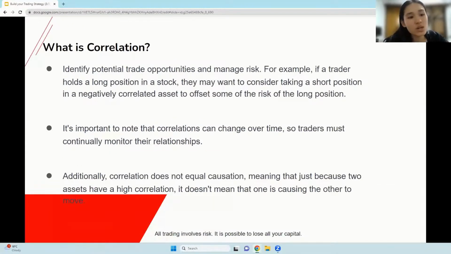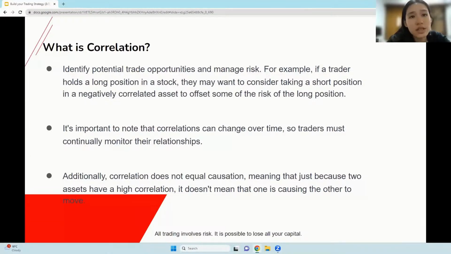So what exactly is it in the context of Forex and trading? Traders will use correlation analysis to identify potential trade opportunities and manage risk. If a trader holds a long position in a Forex currency, they may want to consider taking a short position in a negatively correlated currency to offset some of the risk of the long position.